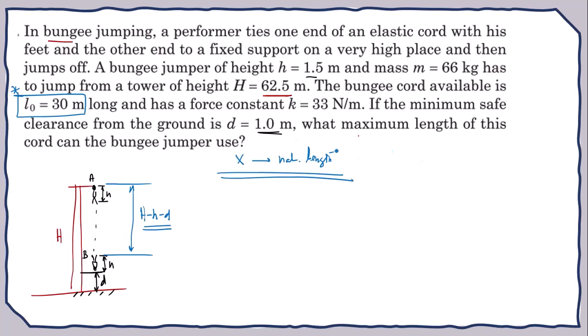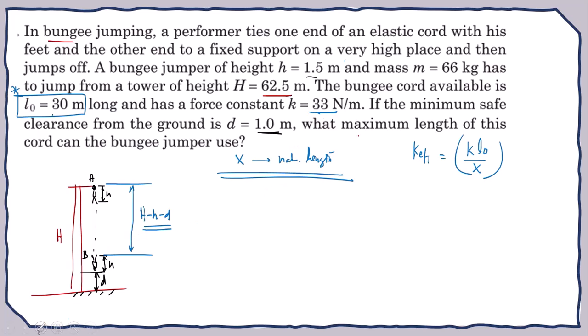For L0 length the spring constant is K, but for x length the stiffness constant will be different. The effective spring constant should be equal to K times L0 divided by x. Since the entire length of the rope is not utilized, you have to consider the effective value of K. Now I can do the energy balance.